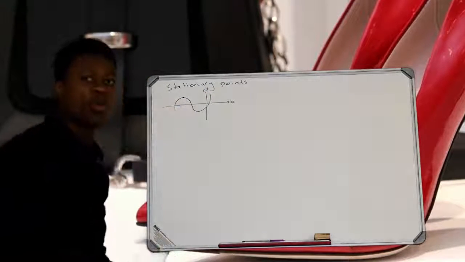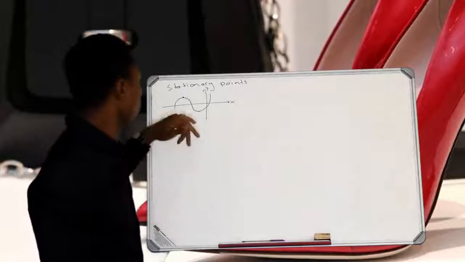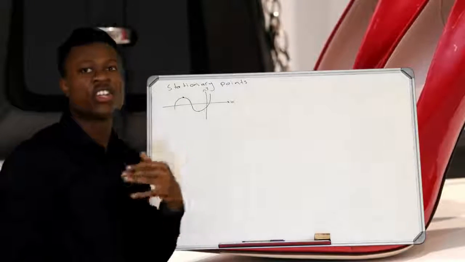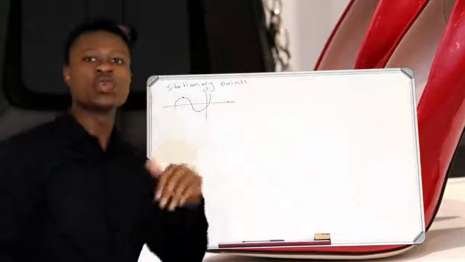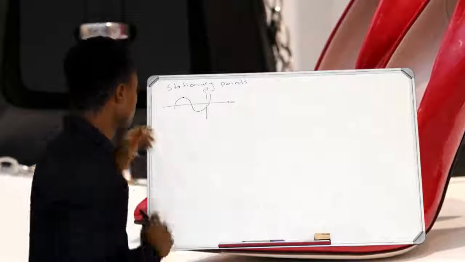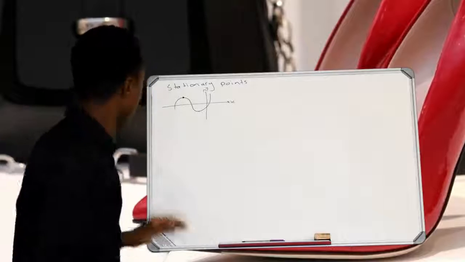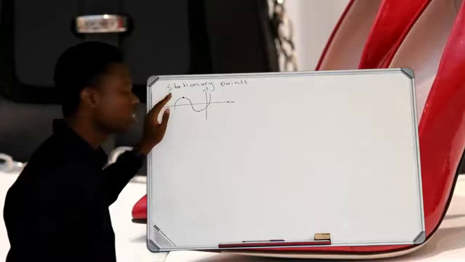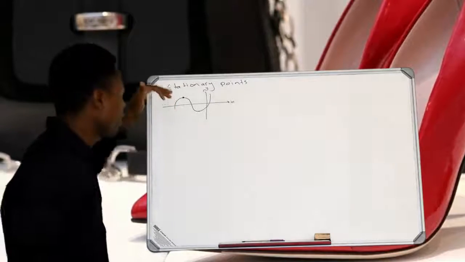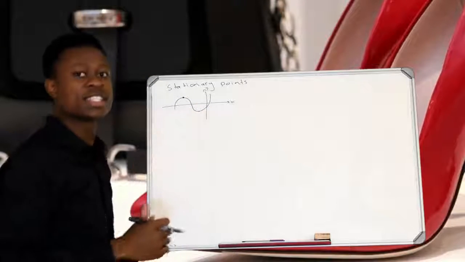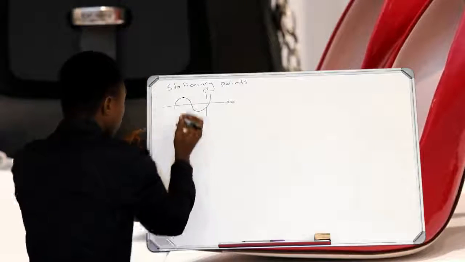A stationary point is a point where the graph changes from decreasing to increasing or increasing to decreasing. That's basically what it means. So, for example, this point here is a stationary point. Why? Because the graph is increasing until it gets to that point there, and then it starts decreasing once it hits that stationary point, or turning point, one might call it.